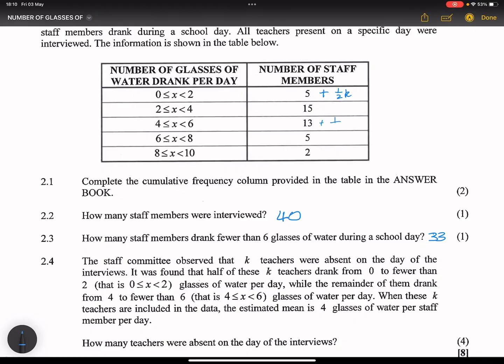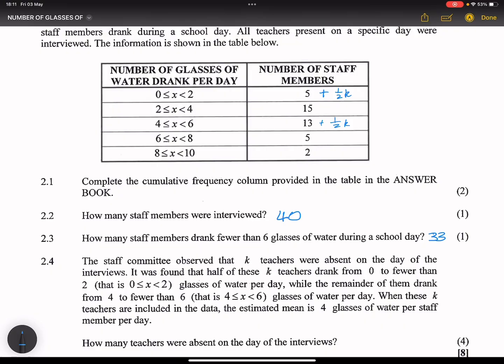The remainder would be half of K as well. And then they say when these K teachers are included in the data, the estimated mean is 4 glasses of water per staff member per day. How many teachers were absent?